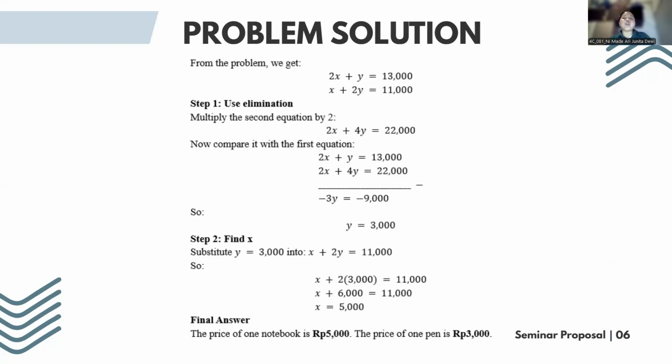So the price of one notebook is 5,000 rupiah and the price of one pen is 3,000 rupiah. From this example, we can see that a linear equation system is useful in daily life, especially for solving problems about price, shopping, tickets, sales, business, and financial planning.